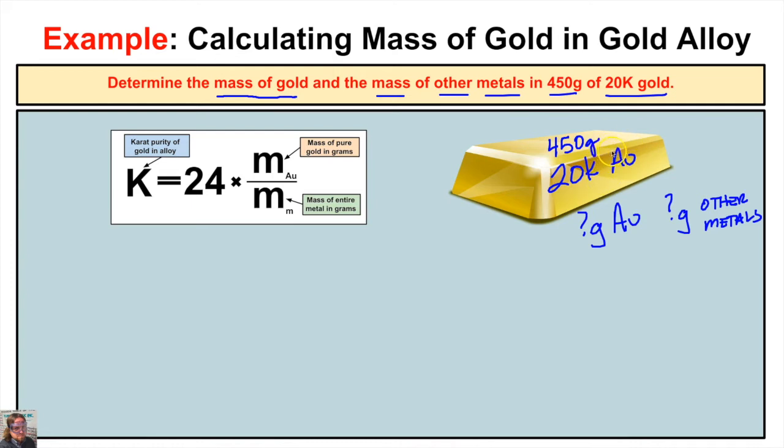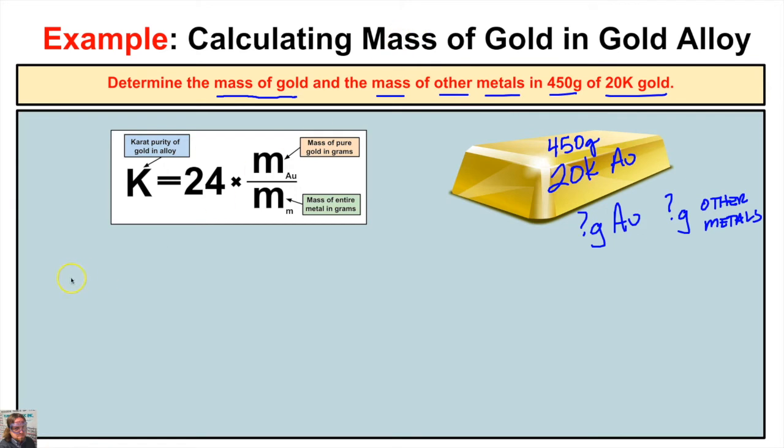And so how can we figure this out? Well, we can use this formula right here. Carat purity is going to equal 24 times the mass of our gold divided by the mass of the entire metal right here. And so let's go ahead and first figure out the mass of gold.